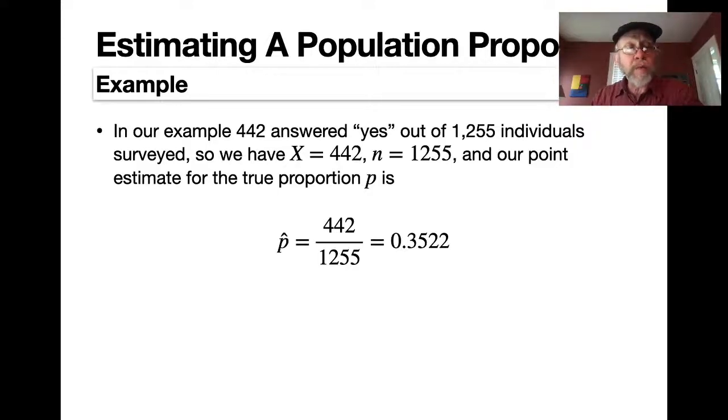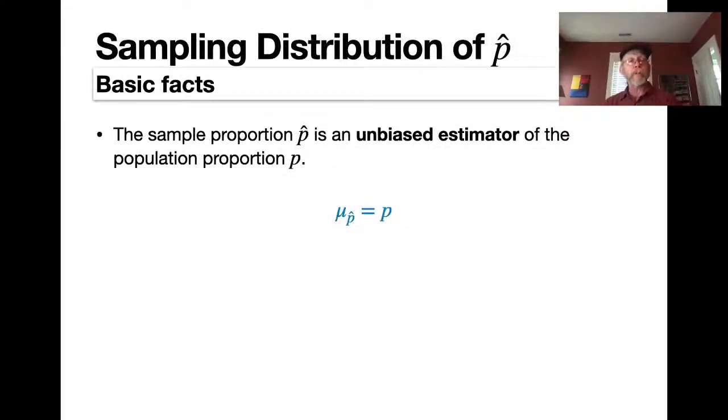Okay, so we've got our sample proportion. It's our point estimate for the population proportion. Like any sample statistic, it has a sampling distribution. So what are some of the basic facts about that sampling distribution? Well, the first one to be aware of is that the sample proportion p hat is an unbiased estimator of the population proportion p.